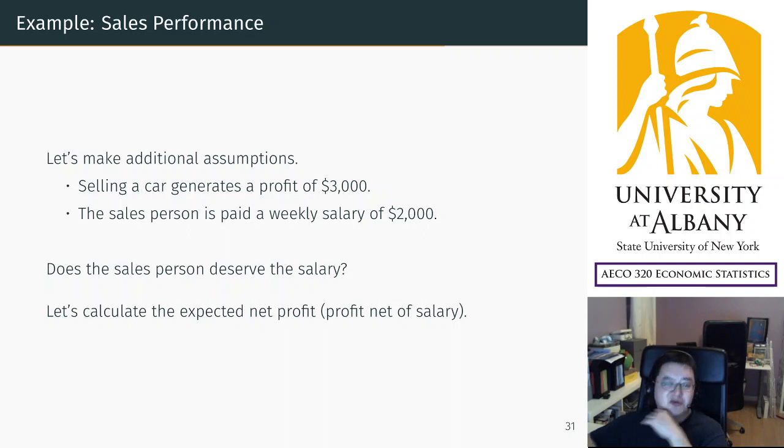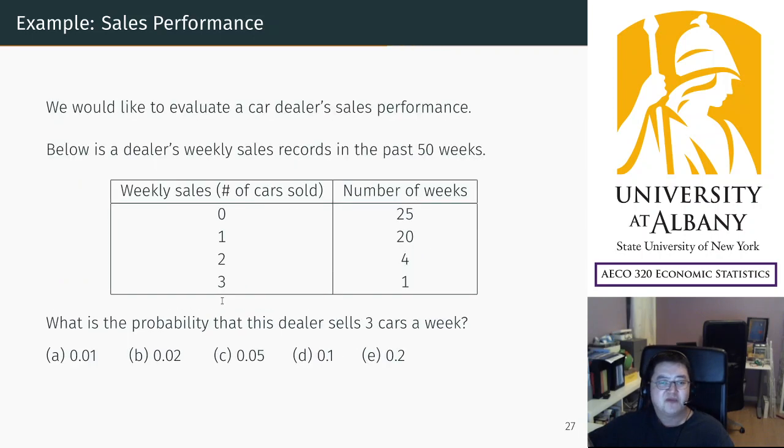So we have to think about if the salesperson, this dealer, deserves that salary. That's uncertain. Let's look back at the data. In 25 weeks, this dealer does not generate any profit, but still you have to pay the fixed salary. Suppose that you are the owner, and in a week when this dealer did really well, still you are paying the same $2,000.